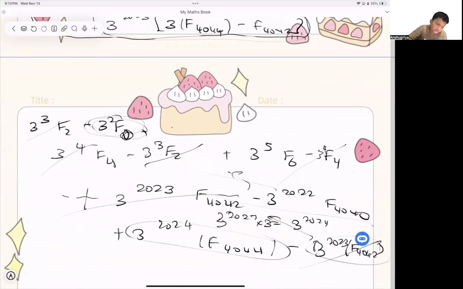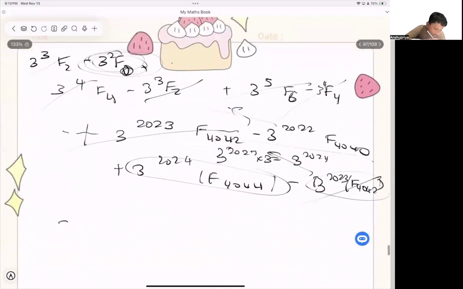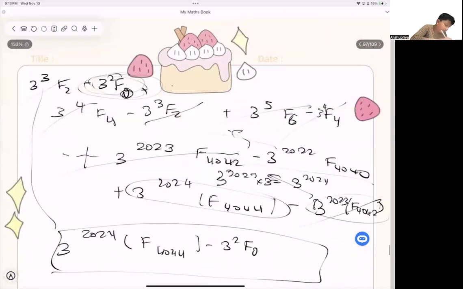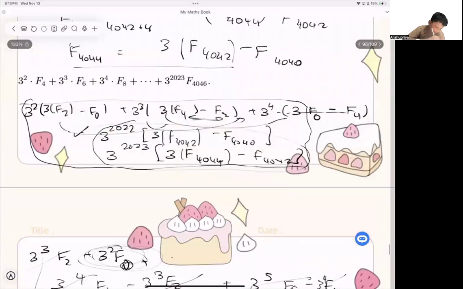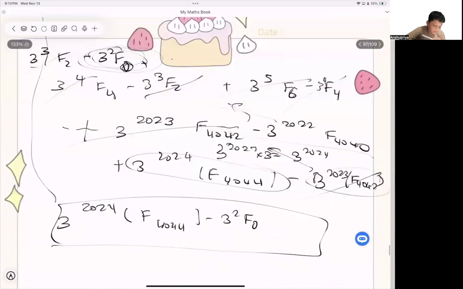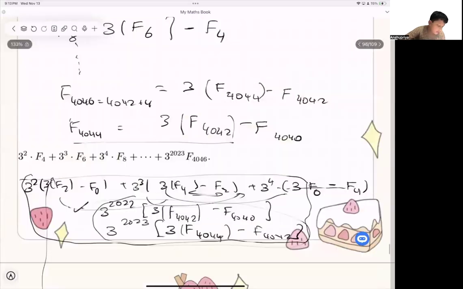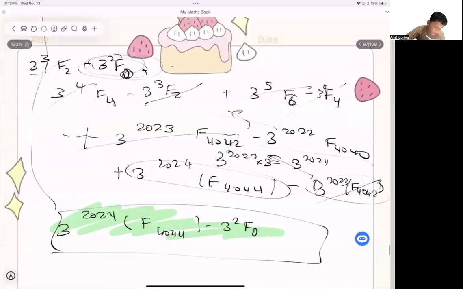So we get left with this, and this will also cancel. So we get 3 to the 2024 F4044 minus 3 squared F0. This is what we simplified from this horrendous equation. See how easy it became, from this very complex equation to this simple equation.